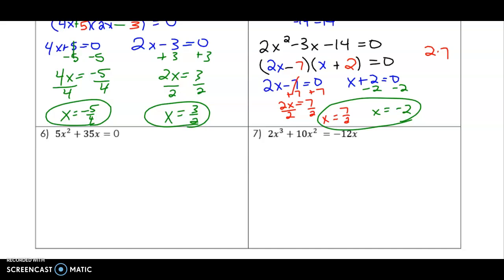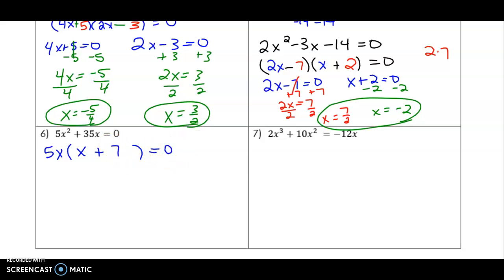All right, now sometimes you might not factor with the binomials right away. Sometimes there's the greatest common factor. So on number 6, think about, can I take something out of both of them? And then we see we can take a 5x out. So if I take a 5x out of the x squared, I'm just left with x. And the 5x out of the 35x, I'm left with plus 7.